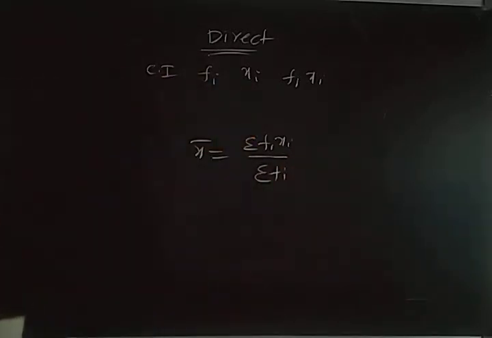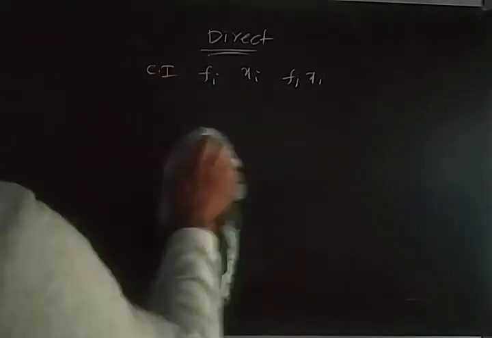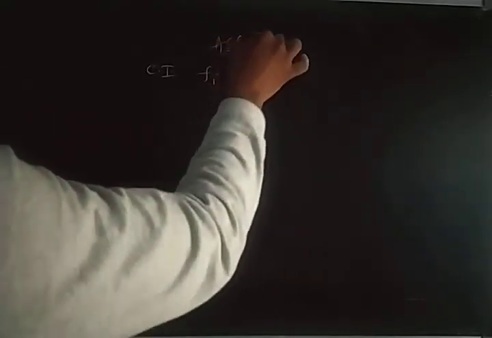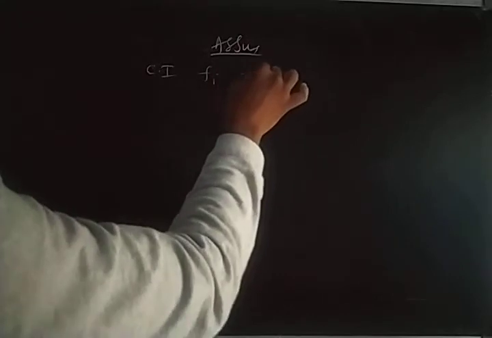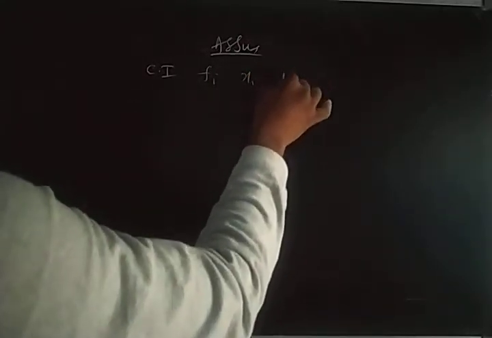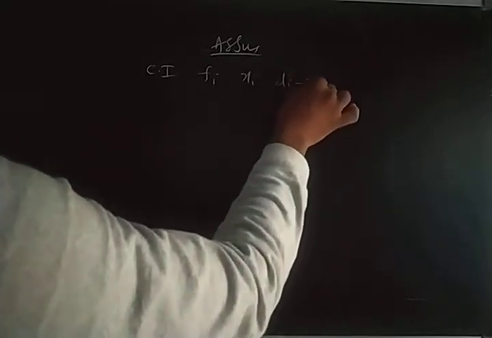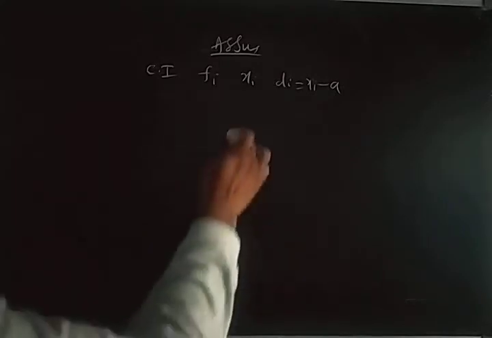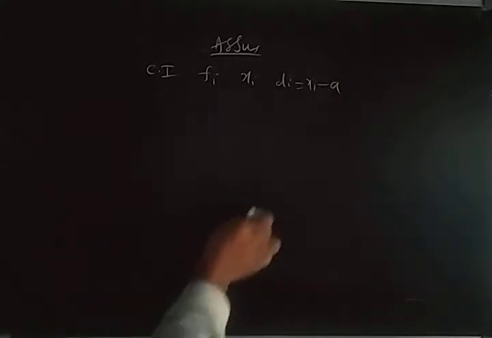If xi values are large, use the assumed mean method, the second method. Again find the class marks using the class intervals. If they are large, you have to find di. How to find di? From xi subtract some assumed mean from among the xi values, a middle value.